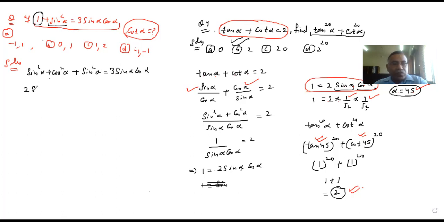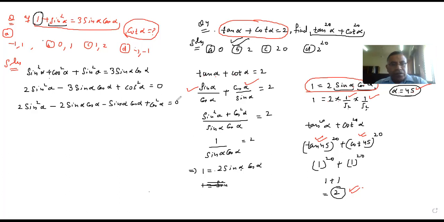So this is 2 sine square alpha minus 3 sine alpha cos alpha plus cos square alpha is equal to 0. Now we can do the factorization. This is 2 sine square alpha minus 2 sine alpha cos alpha minus sine alpha cos alpha plus cos square alpha equal to 0.